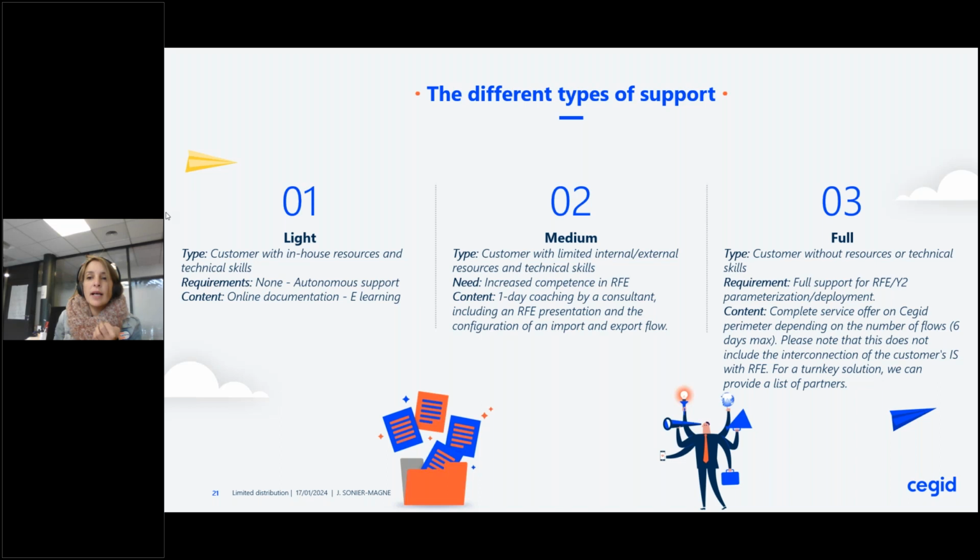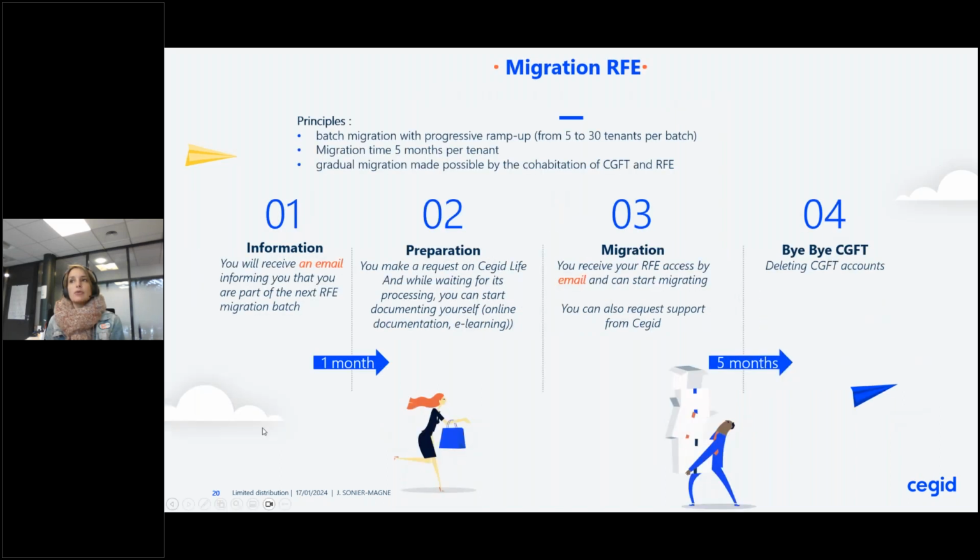When is the last day of the CGFT, and what is the last day we make the request to Cegid? You will receive an email, and you will have 1 month to create your request.